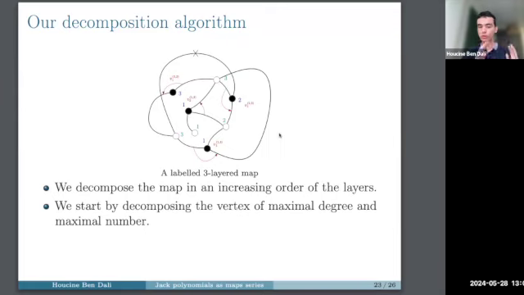It's important to fix the convention, but we can use one convention or the other. And by the end, the result will be the same. So maybe for one map, the statistic will be different, but the final result will still hold. Yes, because you could always change that, right? Exactly, because we sum over all labeled maps, and whether we use one convention or the other, we have the same sum.